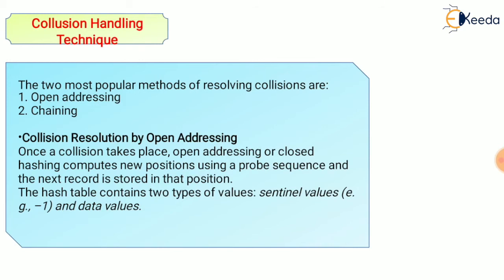And if such type of collision occurs, then what is the solution for this? For that we need to study and understand the different collision handling techniques, so that whenever collision occurs, you can use the methods associated with collision handling.